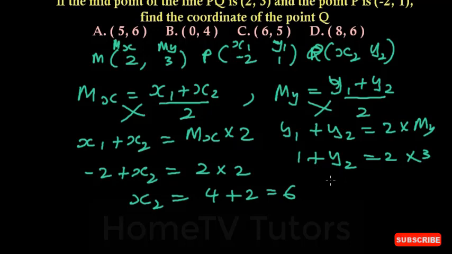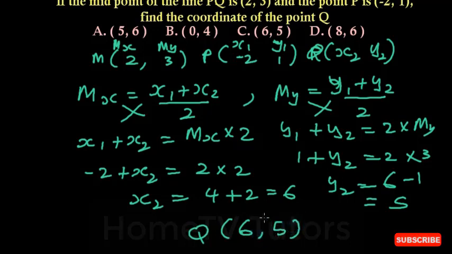So we have y2 equals 2 times 3, which is 6. When this one comes over, it becomes minus 1. So we have y2 as 5. So the coordinate of the point Q is 6 and 5, which corresponds with the answer option C.